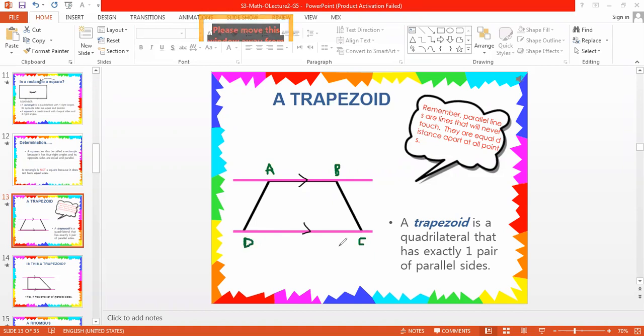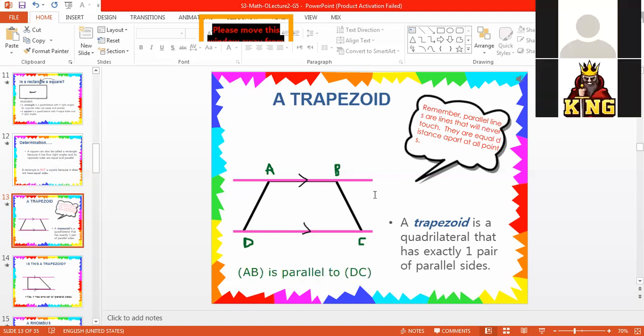It's ABCD, and it has only AB parallel to DC. We say that AB, we put it in a line, is parallel to DC only. That's the only property found in this trapezoid.